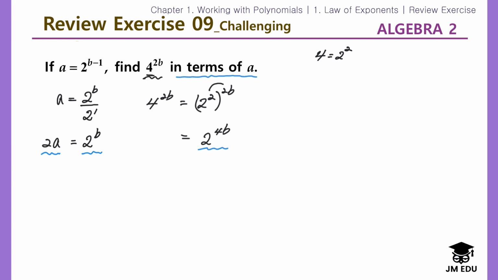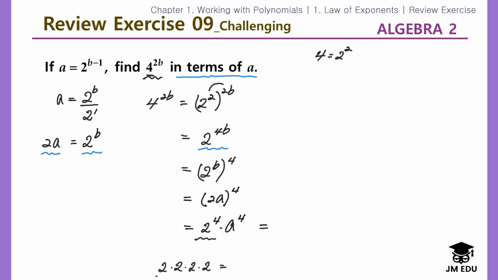So we're going to rewrite this expression as 2 to the b to the power of 4, because 4 times b is equal to 4b. So 2 to the power of b, that's 2a. So 2a to the power of 4. So 2 to the power of 4, a to the power of 4. That is equal to 2 times 2 times 2 times 2, that's 4 times 4, 16. So 16a to the power of 4.